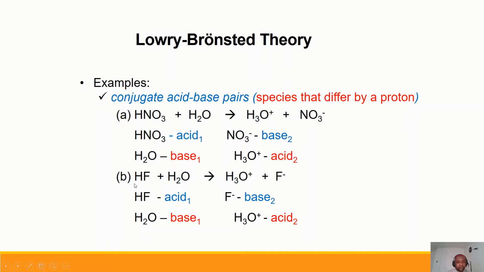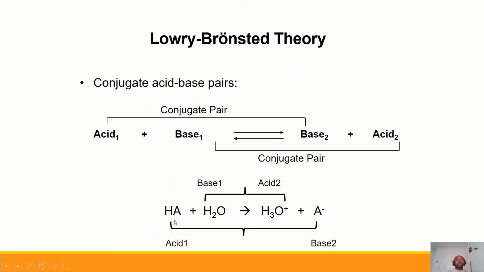As you can see, also HF is reacting with water. HF is going to be the acid, because it's the one donating a proton to water, and water is the acceptor, so water is the base. So this is going to be the conjugate base of the acid, and this is going to be the conjugate acid of the base. More examples. When you have acid and base reacting together, you're going to have this kind of movement where you have acid and the conjugate base, the base and the conjugate acid.